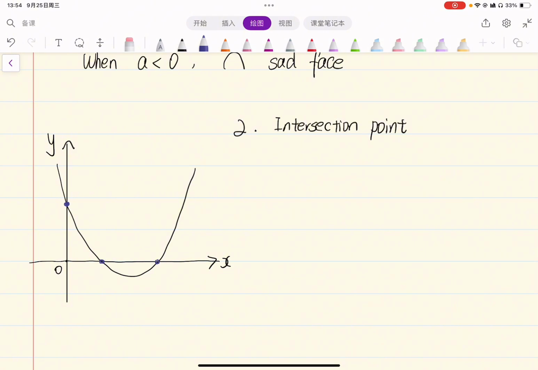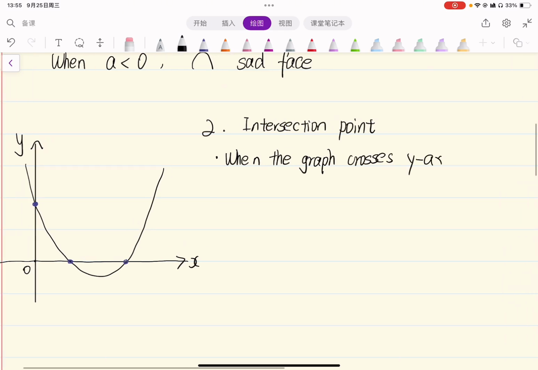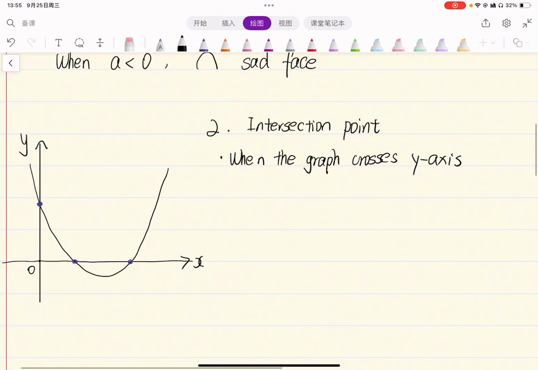So when the graph crosses the y-axis, what has happened? Which means this point over here, right? So crossing the y-axis means x equals 0.